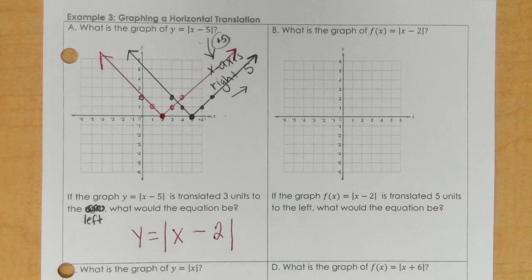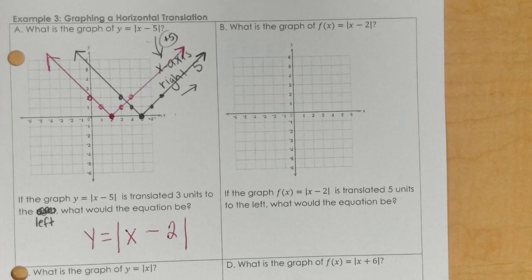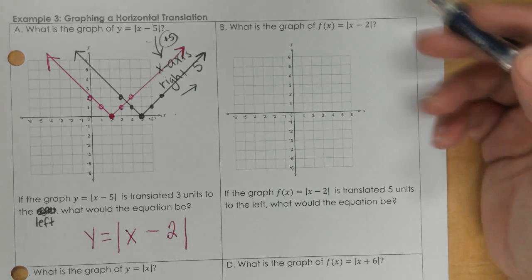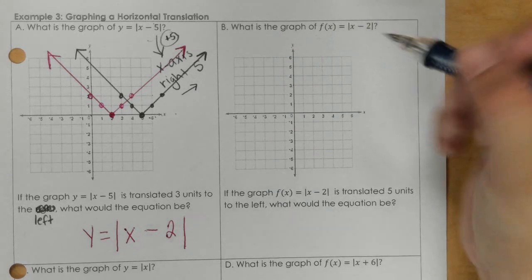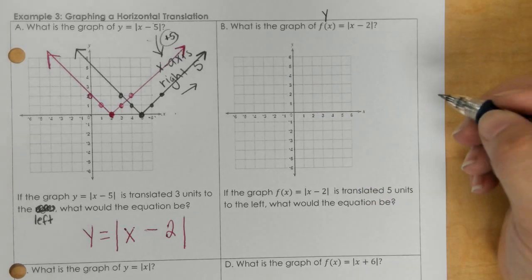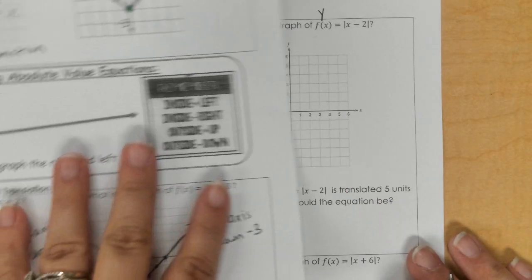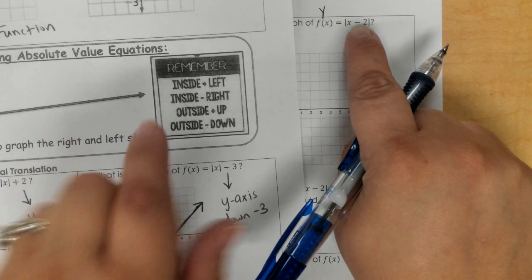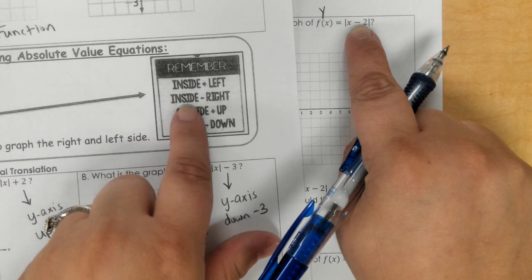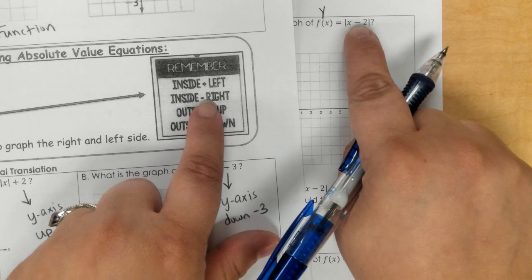Okay, let's try again on B. So for part B, what is the graph of f of x equals the absolute value of x minus 2? Remember, f of x is y. Okay, go to our chart. Our chart says if the number is on the inside, okay, we have 2 insides, and it's a minus, we're going right.